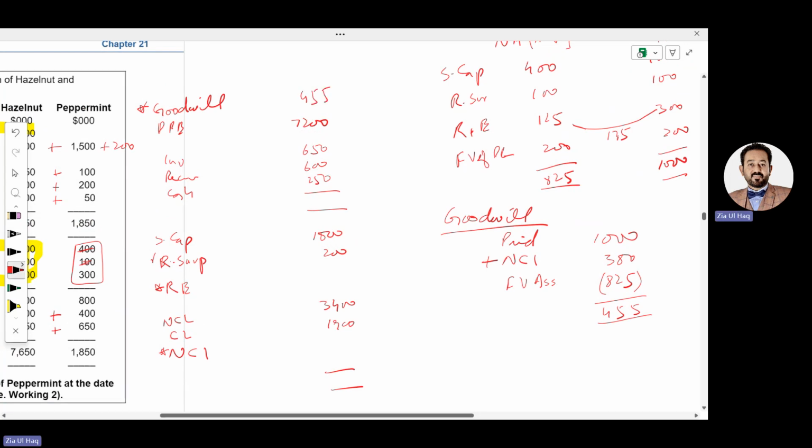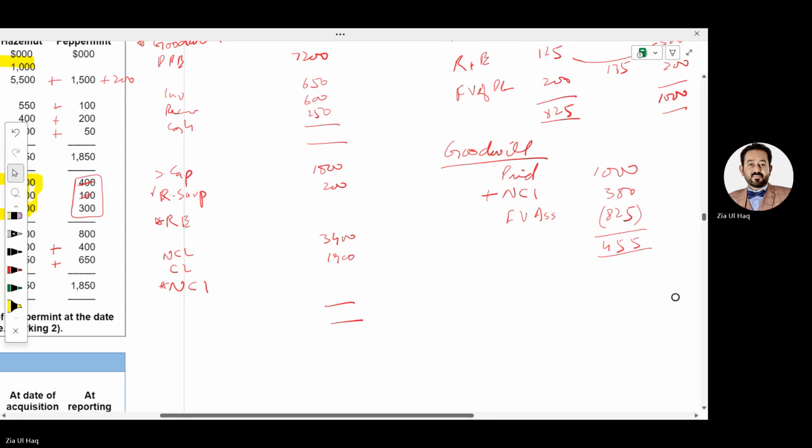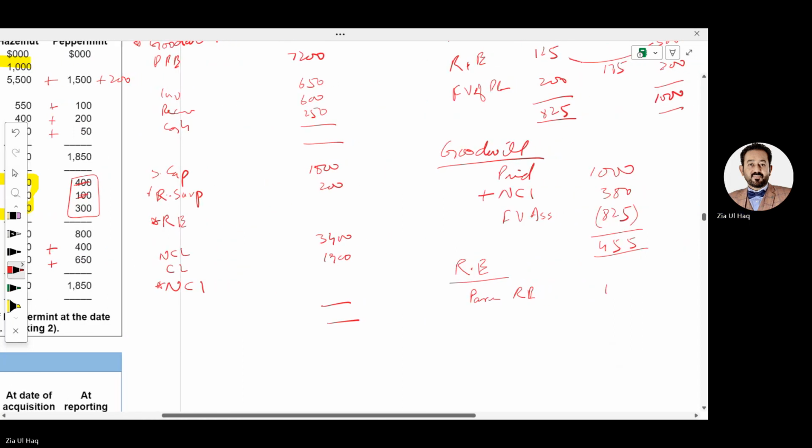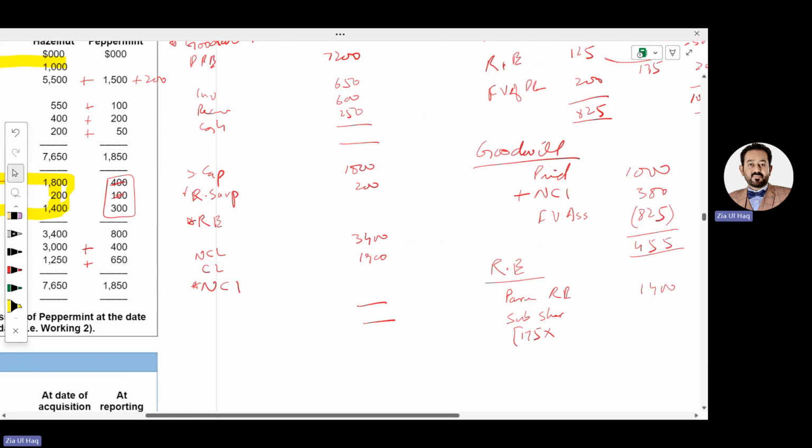Now we need to calculate retained earnings. Parent retained earnings, how much is that? It is 1400. And the subsidiary's share of profit, how much is the profit? 175. How much is their holding? 80%.